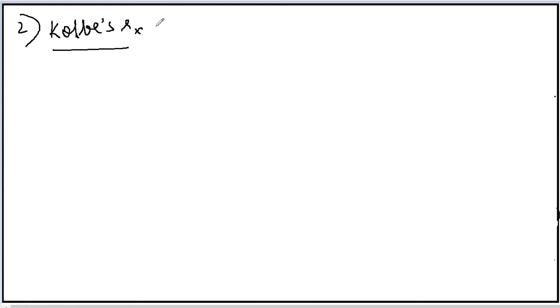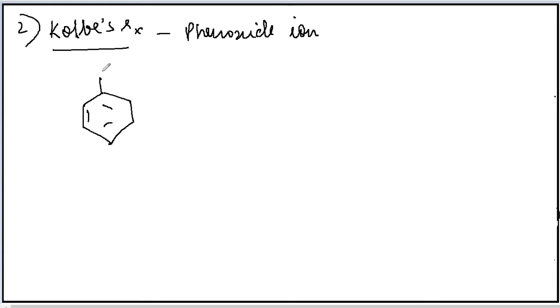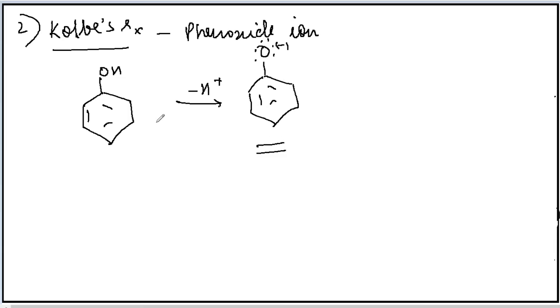Kolbe's reaction is given by the phenoxide ion. You are all familiar with the phenoxide ion. Phenoxide ion is this. This is phenol. This is your phenoxide ion.